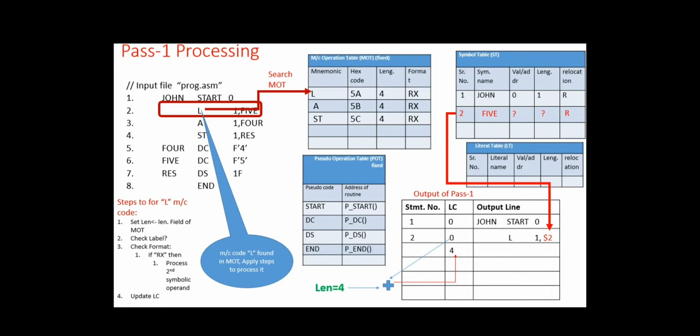So the next address where the next instruction will be stored is calculated in LC. So the next address is 4, where onwards you will store the rest of the instructions.